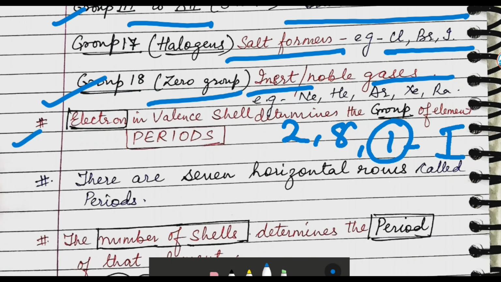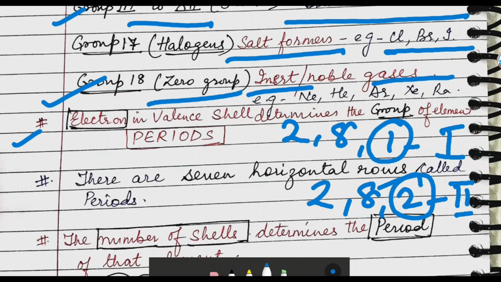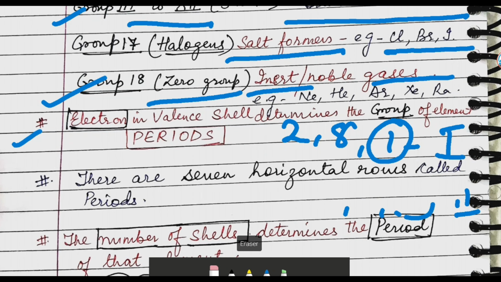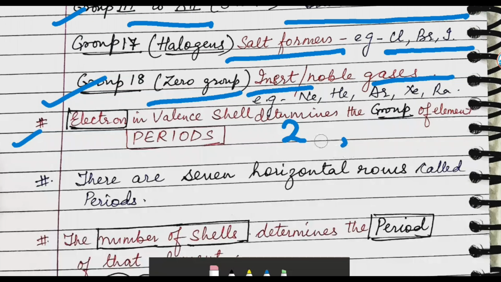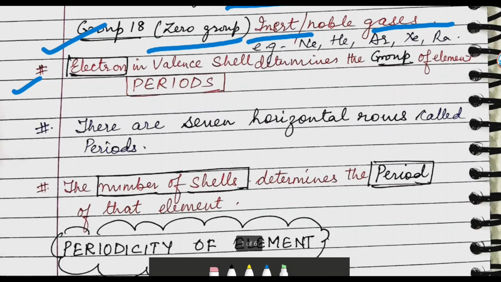Magnesium is 2, 8, 2. The last valence shell has 2 electrons, so it will be placed in group 2. So the number of electrons in the valence shell determines the group of any element.